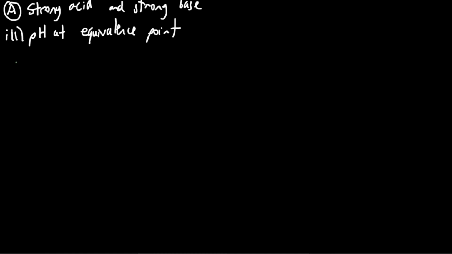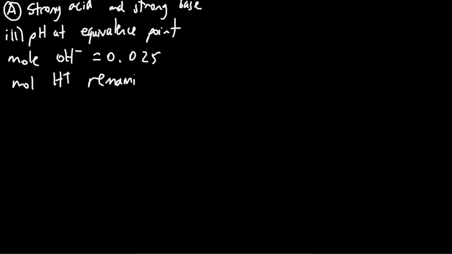To calculate the pH at equivalence point, this means that the moles of OH minus is going to be 0.0025, and the moles of H plus is also going to be 0.0025, so 0.0025 minus 0.0025.